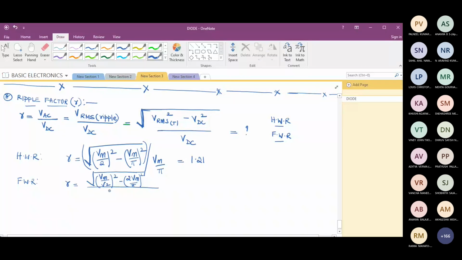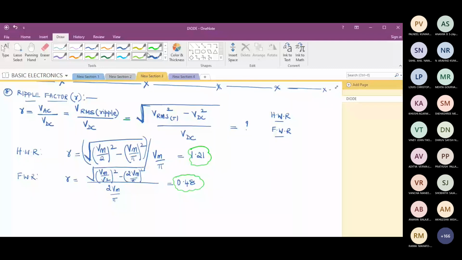If you solve this, you get 0.48. So in case of half wave you get 1.21, in case of full wave you get 0.48. Which is better? 0.48, because it will give more DC, which we want.